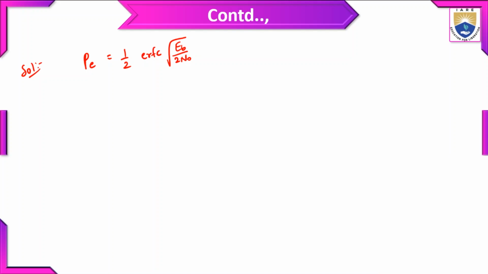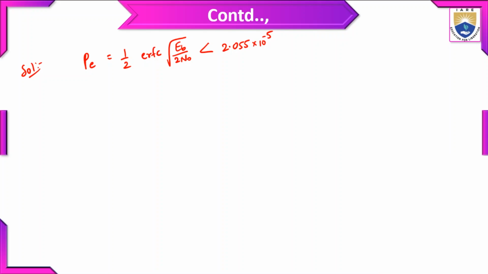Because in this problem, the last line says the probability of error must be less than 2.055 into 10 power minus 5. So here we write 2.055 into 10 power minus 5. This is the condition they have given. The probability of error must be less than this.